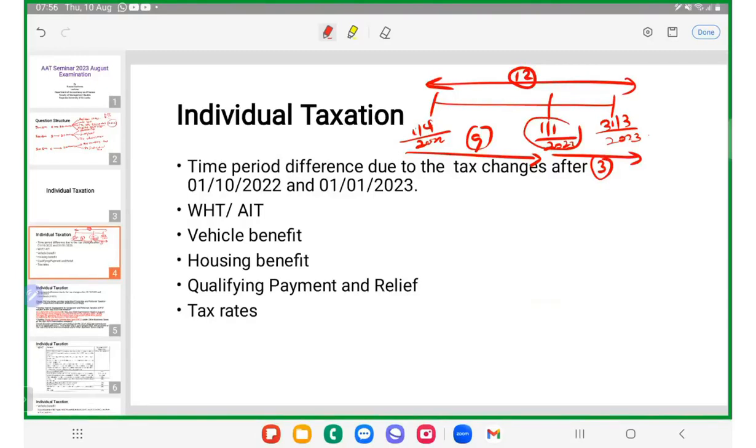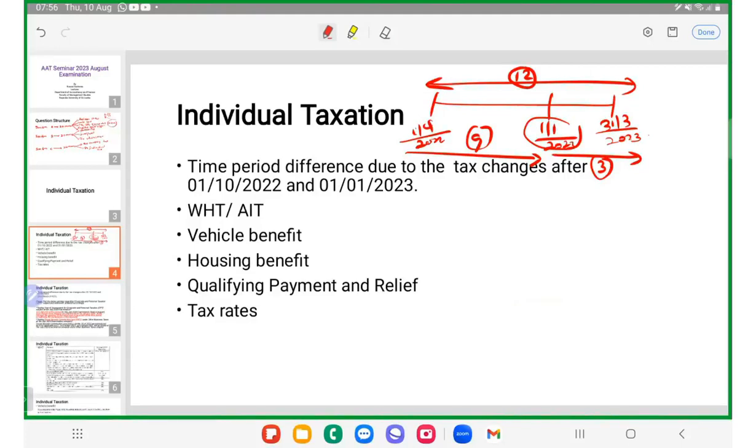In practice, when calculating individual or company taxation, it is better to use 9 months and 3 months, or 6 months and 6 months for a company. But for your easiness, the institute has taken a decision to consider these 12 months as all the relevant tax changes are applicable.